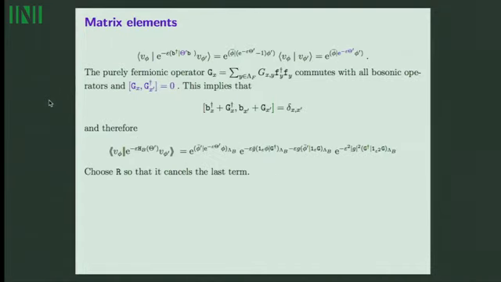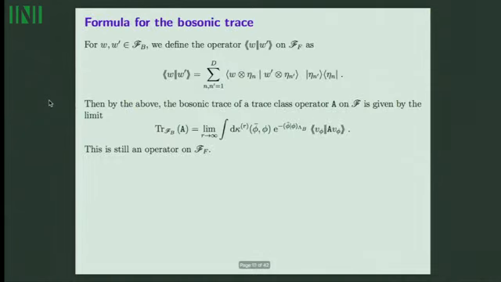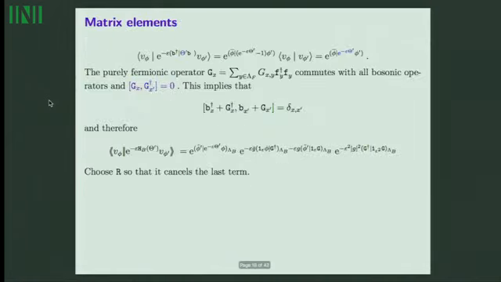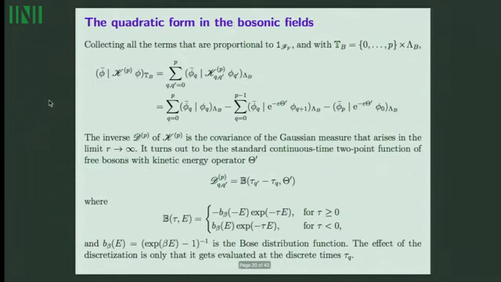We also collect all these e to the minus epsilon theta prime terms with the diagonal terms which appear in this formula, so with this type of terms here, and one gets a Gaussian measure in the bosonic fields. So here is the quadratic form in the exponent.